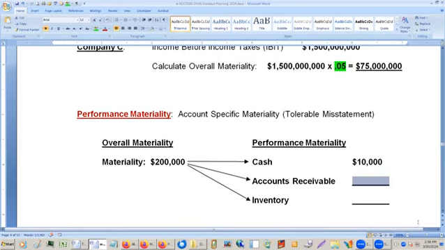Some number between 0 and 190,000. 100,000? Yep, good. So let's say 100,000 to accounts receivable. What would that leave for inventory? 90. It's 90.